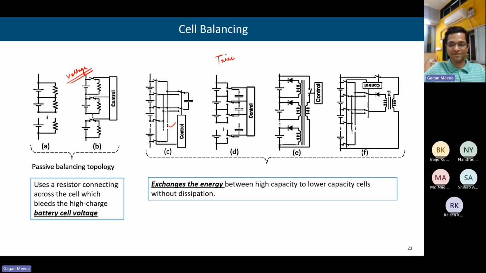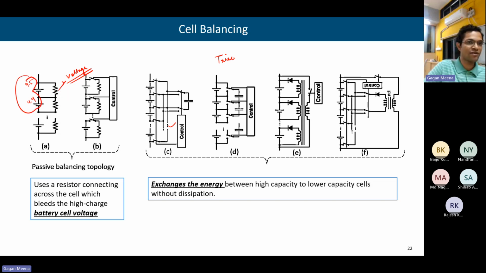We are simply losing that energy. Right? If this is at a higher voltage, say 4.5, and this is at 4.4, then there will be a current here, and there will be a heating loss here.